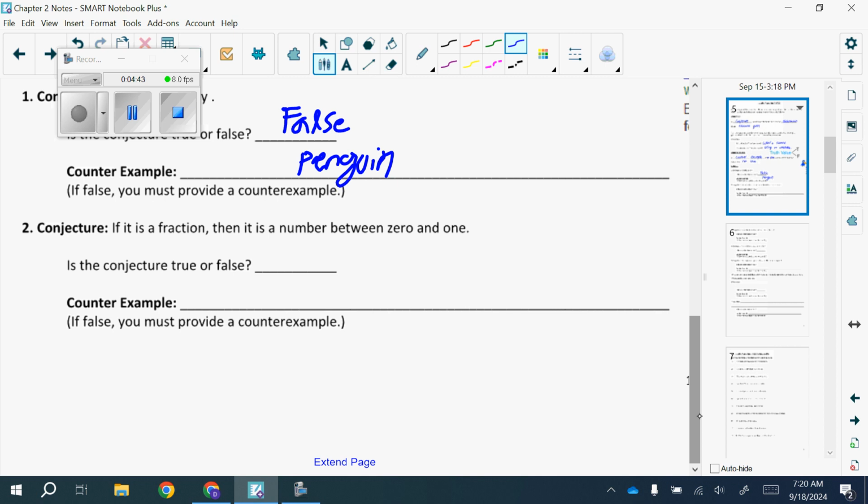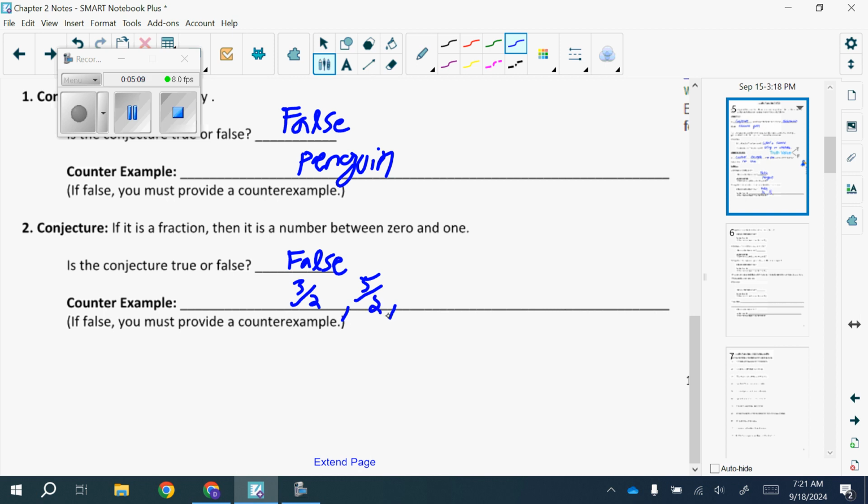Next, it says if it is a fraction, then it is a number between 0 and 1. So this is also false. Okay, something like 3 over 2 would work. That's a fraction. As a decimal, it's 1.5, and that's greater than 1 and greater than 0. So it's not between 0 and 1. You could go 5 over 2, so on and so forth.